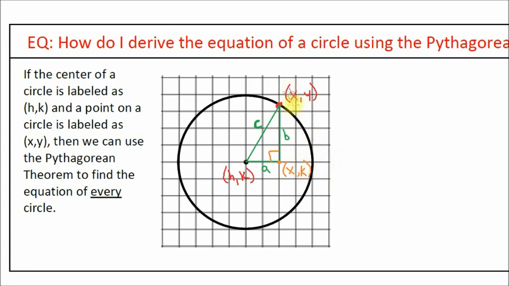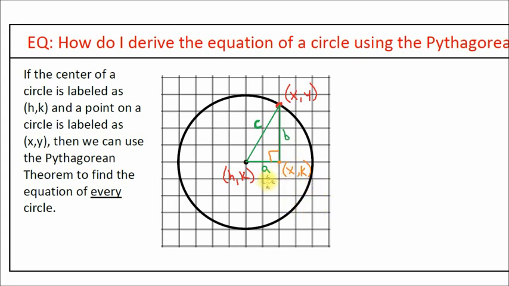Again, the y value when you move horizontally doesn't change. The x value does change, it's no longer h. Since it's right below the point we labeled x comma y, the x value of this coordinate is the same as the x value of that coordinate. If this is x, then this is also x.